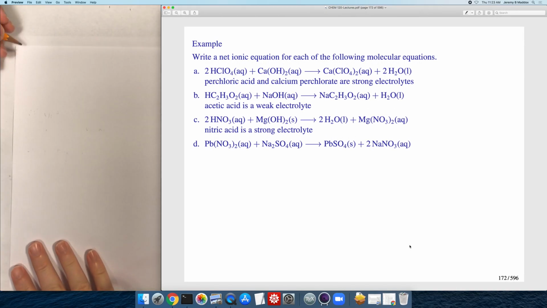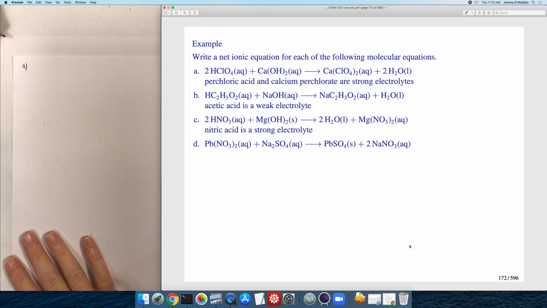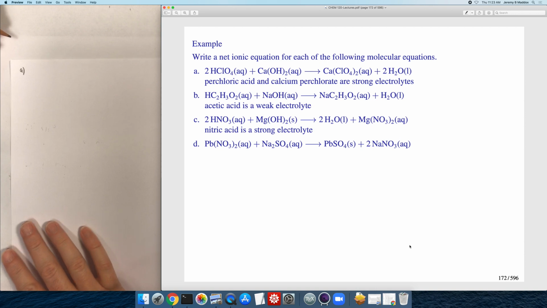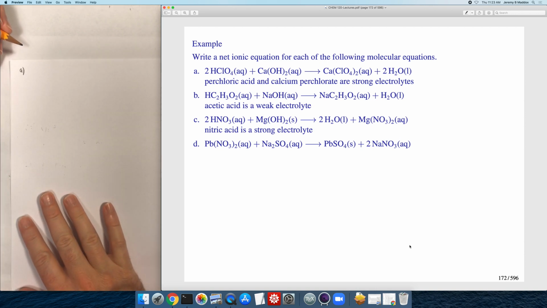Here in this first example, we've got perchloric acid, and they tell us that it's a strong electrolyte. And the calcium perchlorate is also a strong electrolyte, so we'll keep that in mind as we go. So we're going to take this molecular equation, and we're going to break up the strong electrolytes. So here's how you break up an acid.